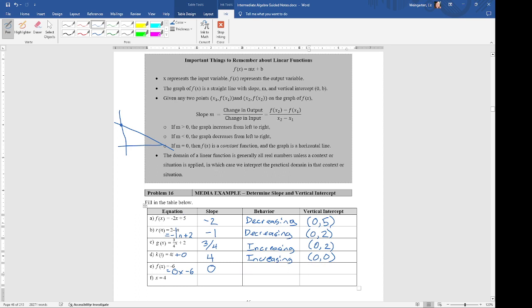What is going on with the behavior? It's 0. It's neither positive nor negative. It's neither increasing nor decreasing. Therefore, it is constant. The vertical intercept, when x is 0, y is -6.